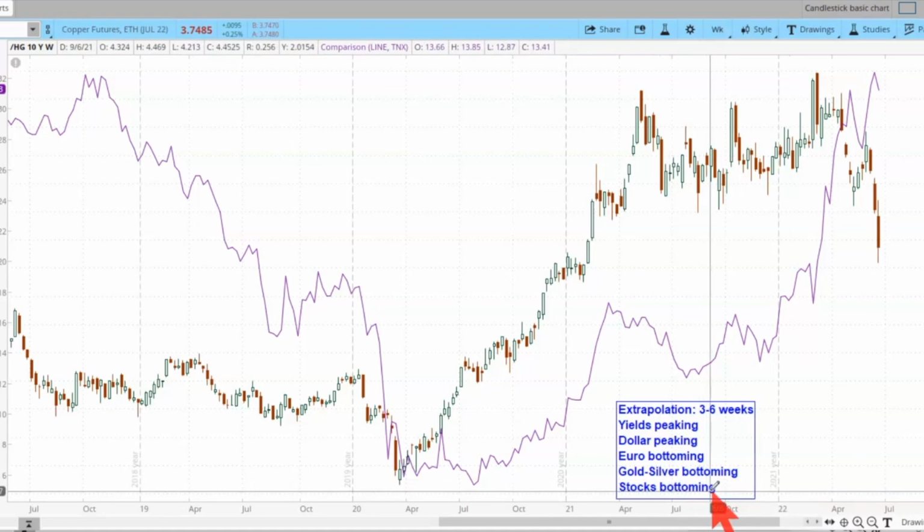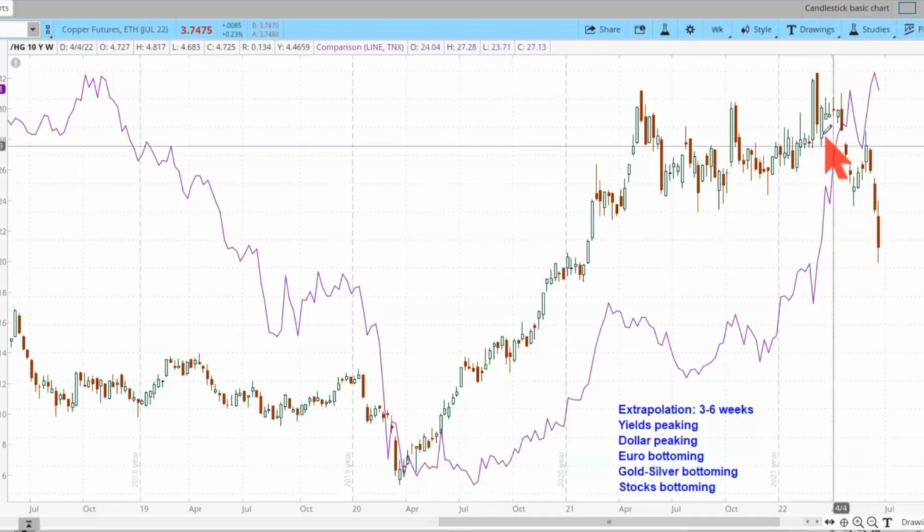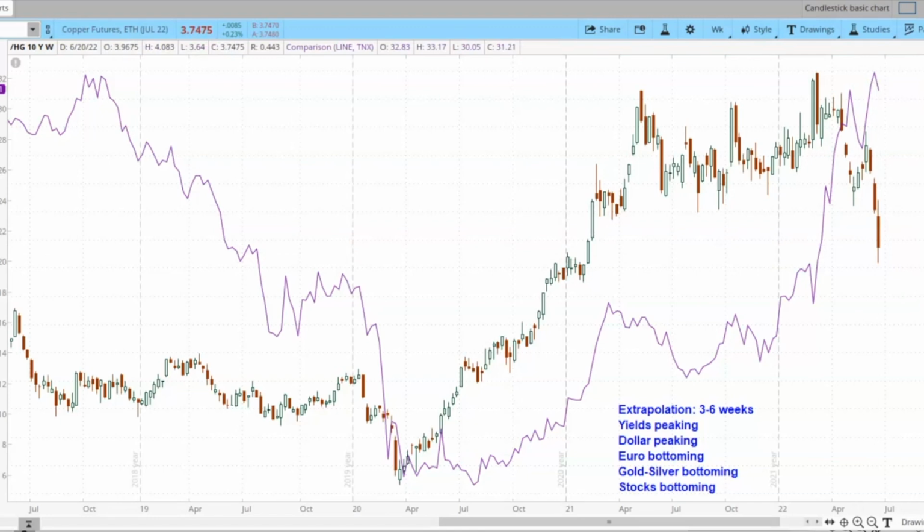And stocks are likely bottoming, but again, we think that the stock market, and I'll show you that at the end of the show, is very likely to fail in the area that it's rallying up to now, and then come down sometime into the July timeframe. That's in alignment with what we expect to happen in the copper market.